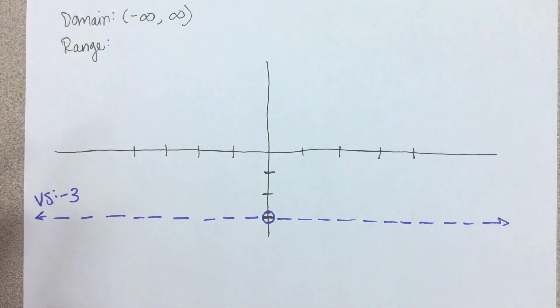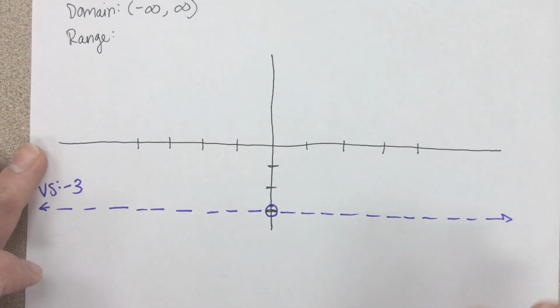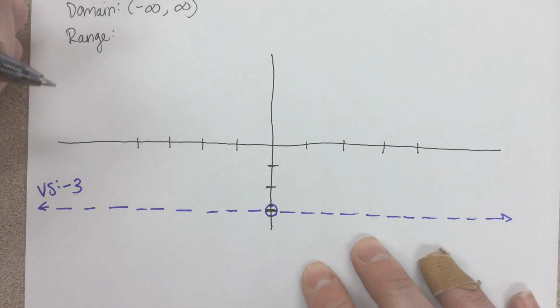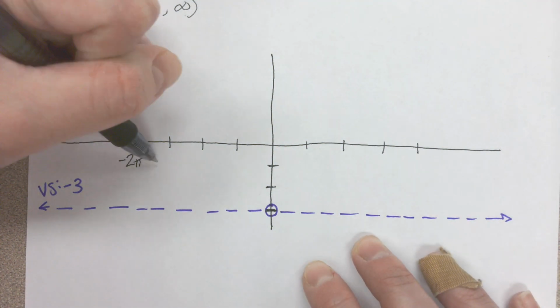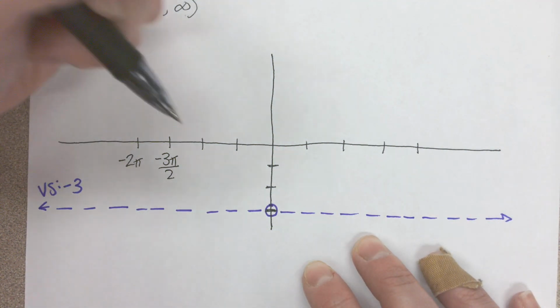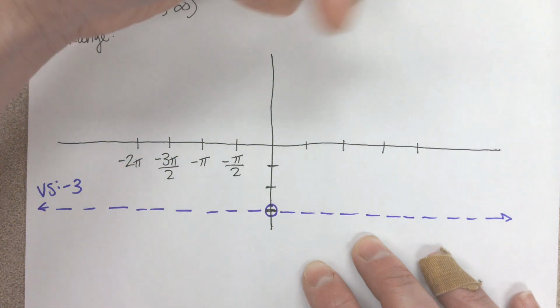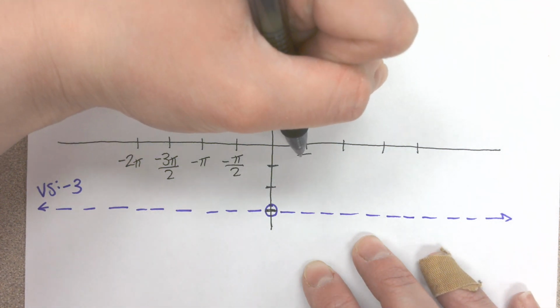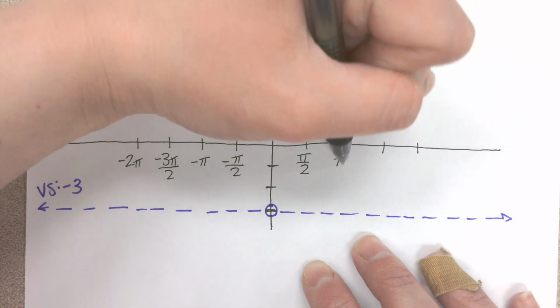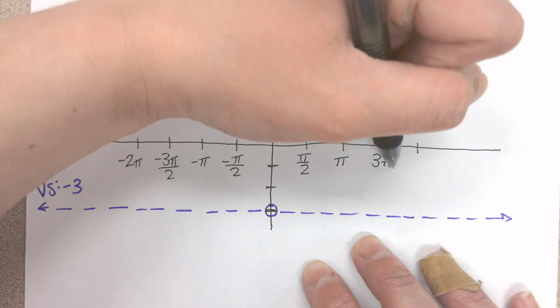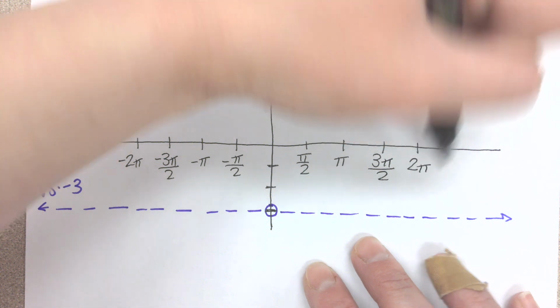I gave myself way too much graph here, but that's all right. So from the left, we've got -2 pi, -3 pi over 2, -pi, -pi over 2. On the right side, +pi over 2, +pi, 3 pi over 2, and 2 pi.